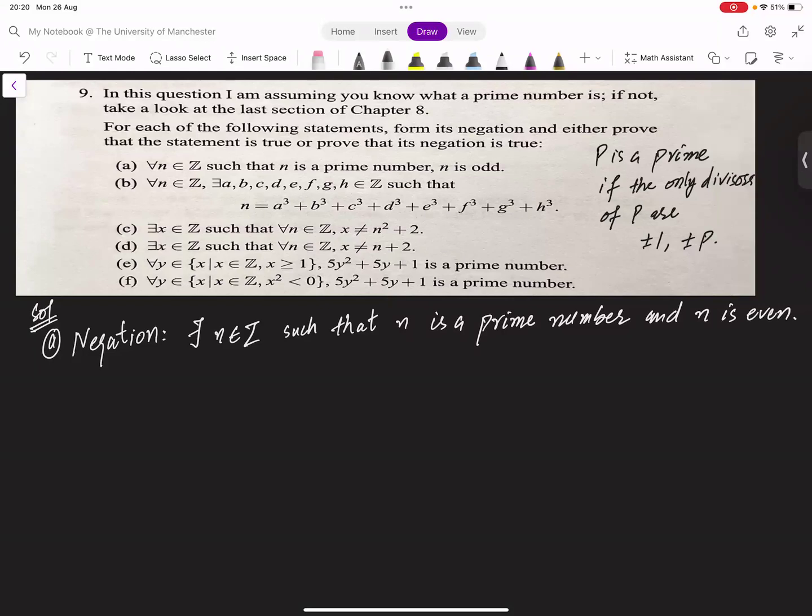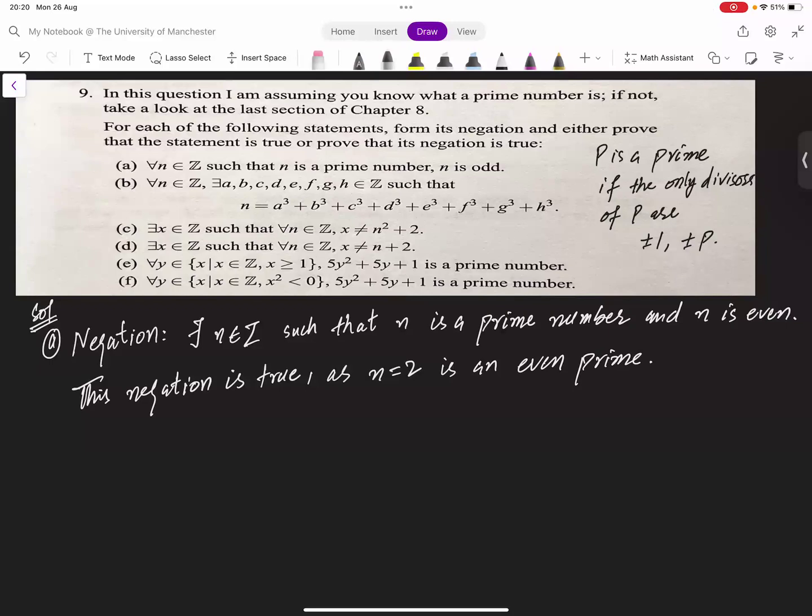And this negation is true. This negation is true, because n equals 2 is an even prime.